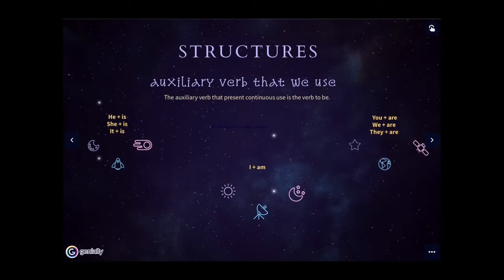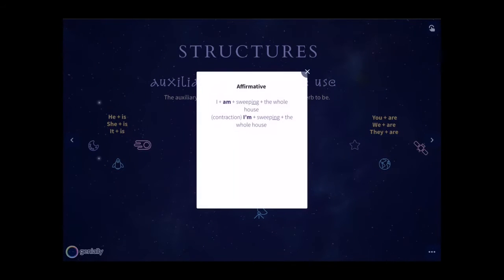With the verb be, am, the affirmative form is I, then we add the be verb am, then the ing verb plus the complement.